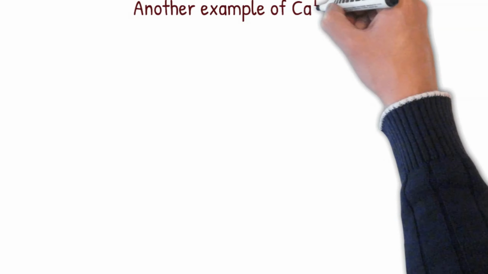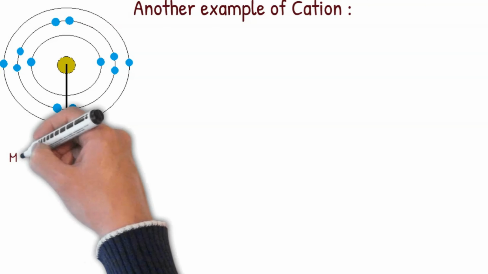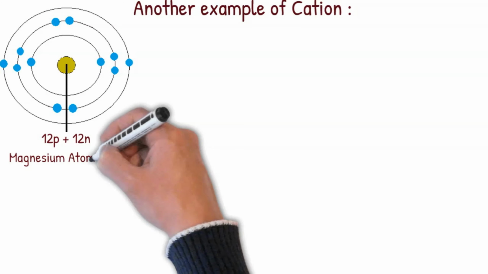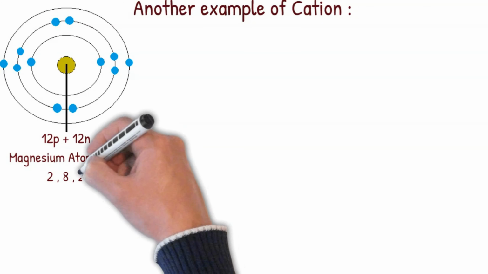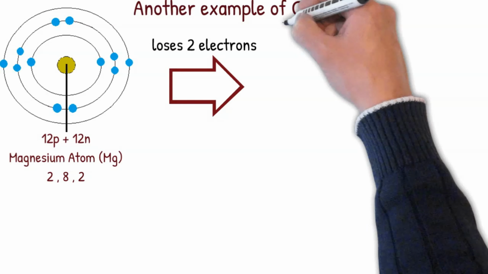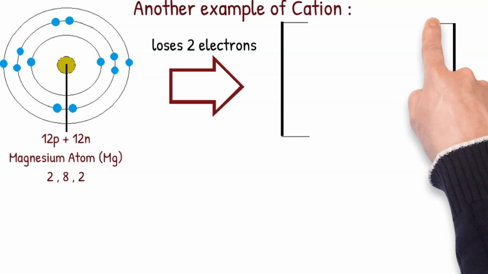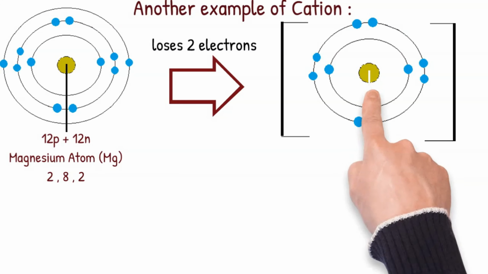Another example of cation. The nucleus of the magnesium atom has 12 protons and 12 neutrons, its electronic configuration is 2, 8, 2. Magnesium loses 2 electrons. It becomes a magnesium ion.